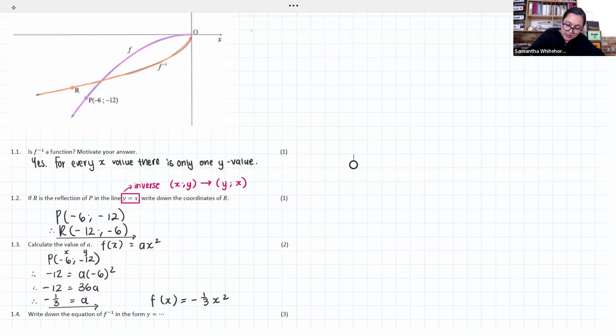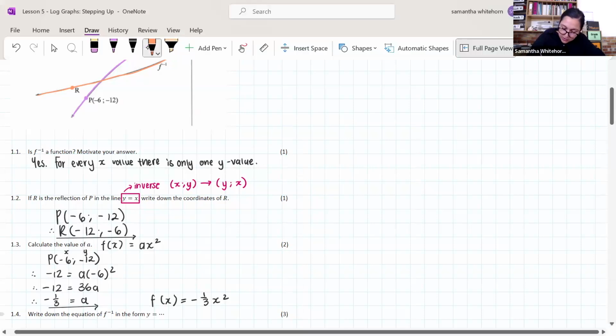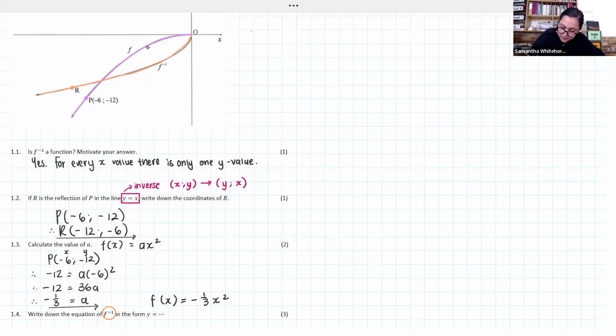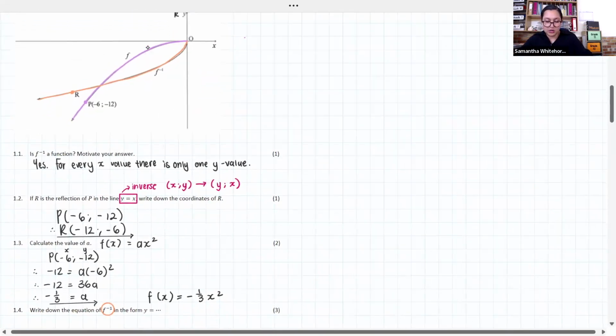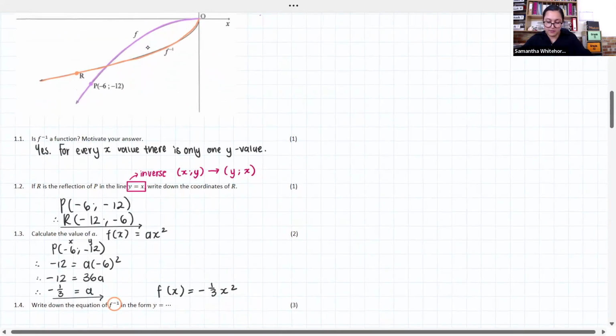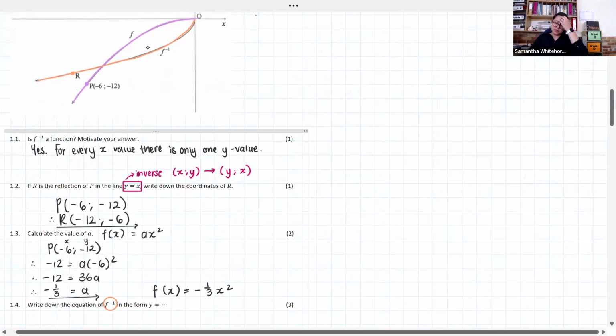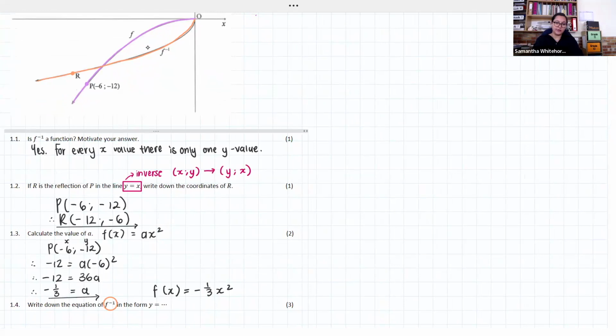So this is now asking me for the equation of my inverse function. I'm going to give you guys 2 minutes. I want the equation of f to the -1. Just worked out what a is, that's going to help us. Let's find our inverse. Like I said, I'm going to give you 2 or 3 minutes, and then we'll have a look.